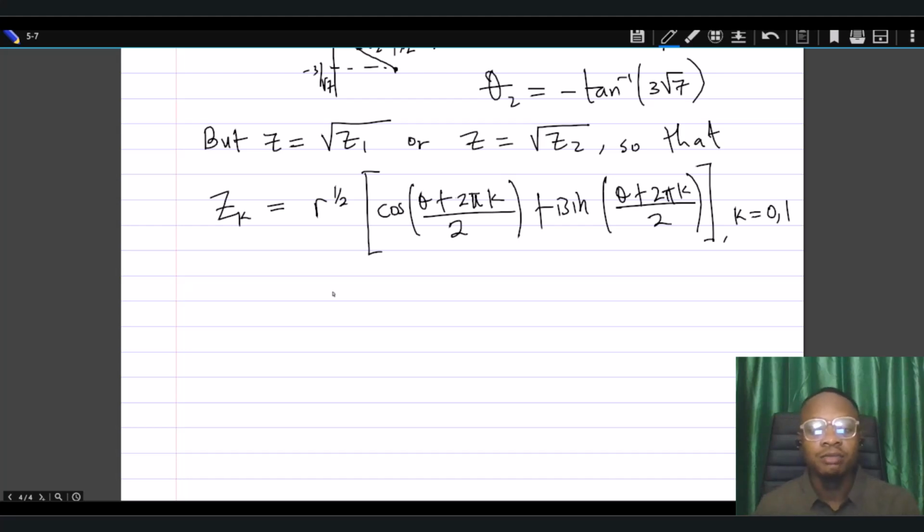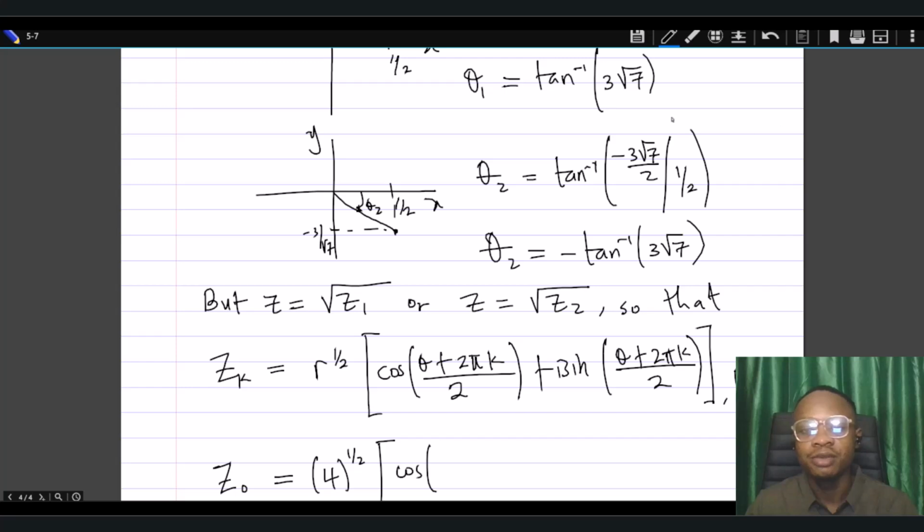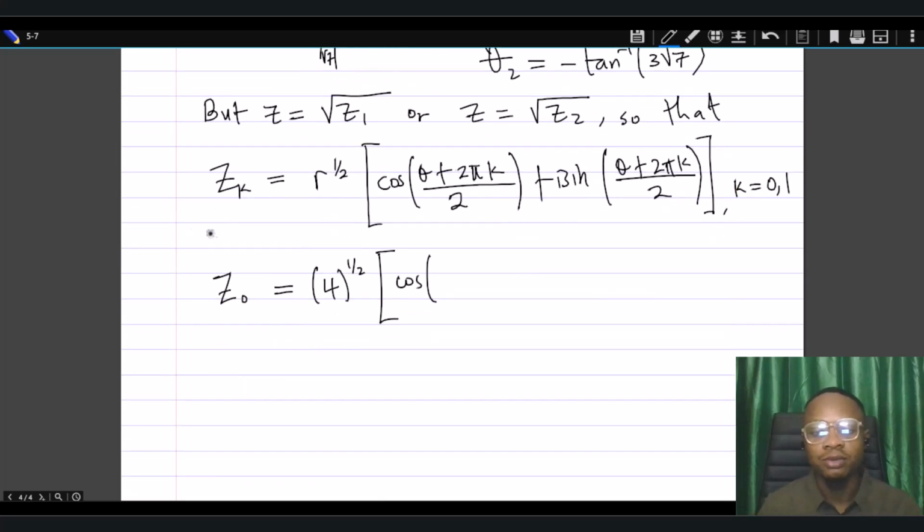Okay, so if we go with the first one, we can say that z naught will be equal to r. Our r is 4, then we have 1 over 2, and then we have the cosine of theta. So theta, as we have it up there, is tan inverse of 3 root 7 for the first one. So I say this is tan inverse of 3 root 7, then we have plus 2 pi into 0.